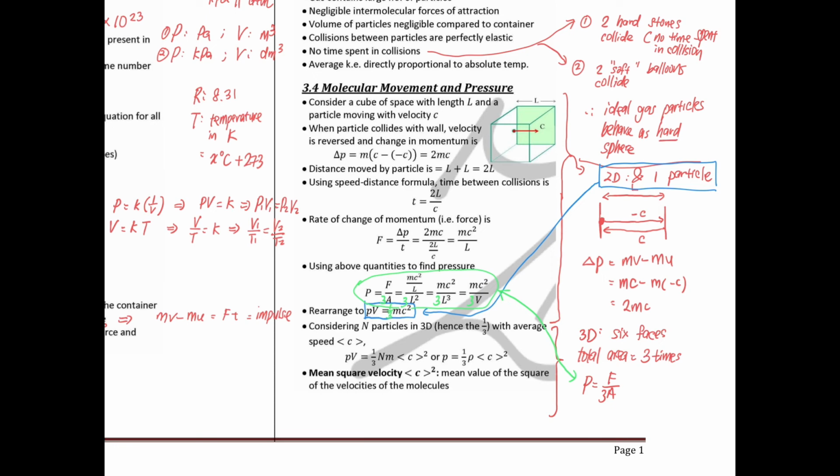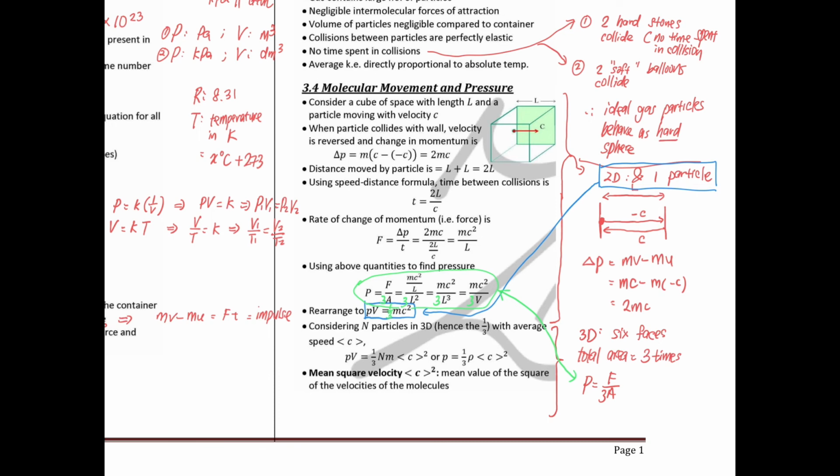That is one thing. But the other thing is, just now in 2D, it is one particle. And now in 3D, it has n particles. So we need to adjust for the mass as well. For the mass, let's say I use red color again.